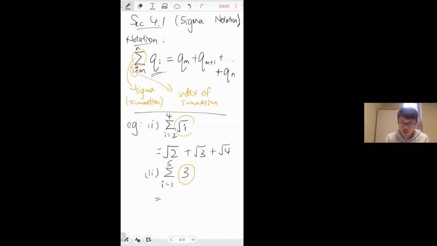So whatever I put in, it doesn't change. So when you plug i equals 1, you get 3. When you plug i equals 2, you get 3. When you plug i equals 3, you get 3. When you plug i equals 4, you get 3. And when you plug i equals 5, you get 3. And then you stop. Is it okay?